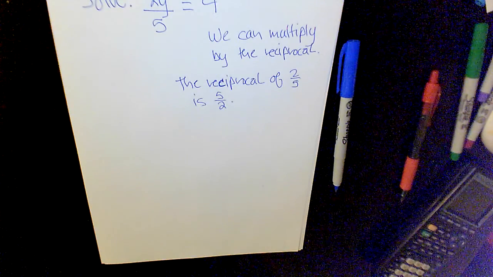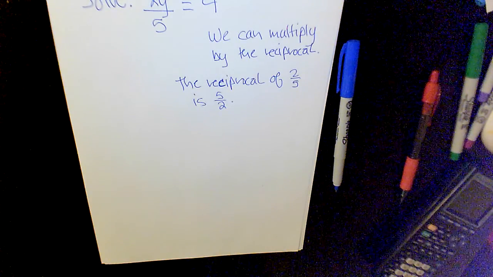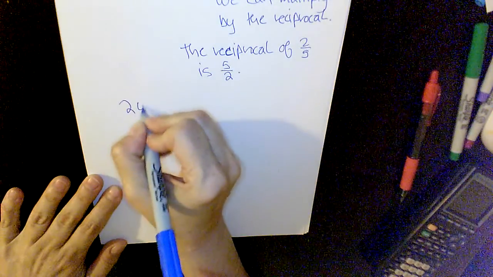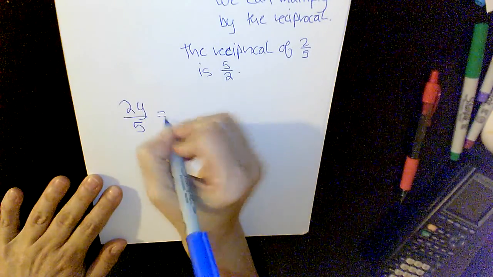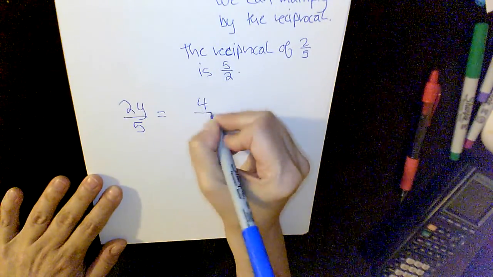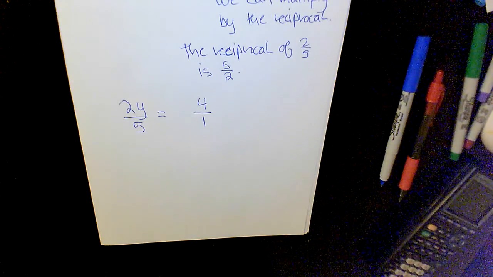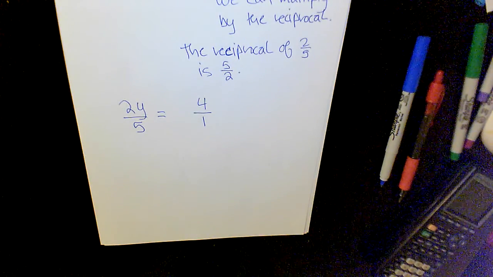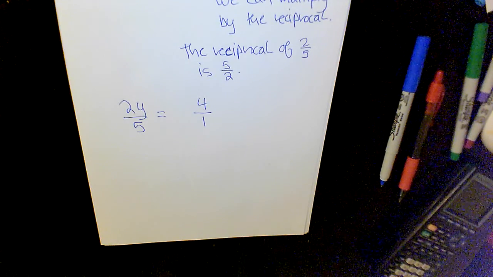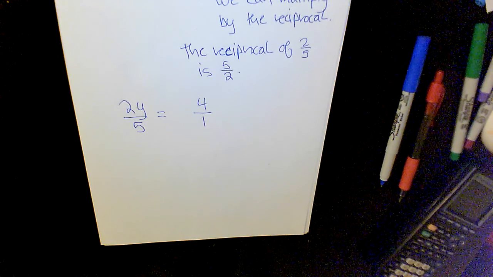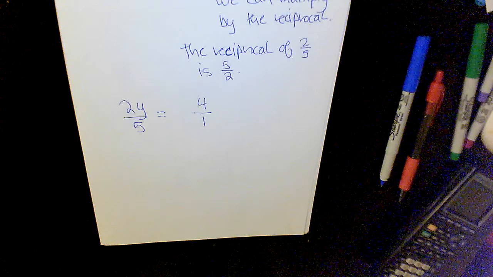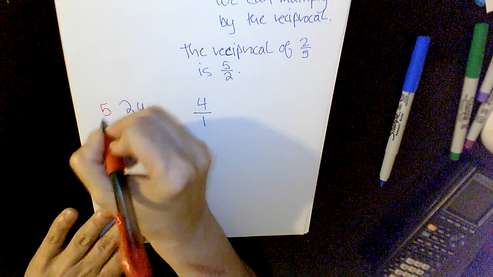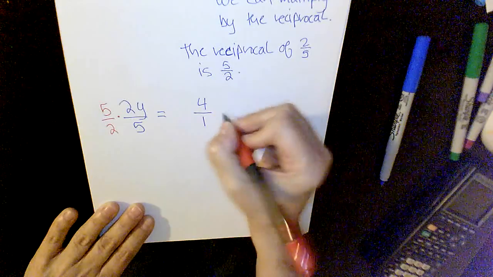So we're going to multiply both sides by the reciprocal. So let me rewrite this. And I can put a 1 underneath my 4. 4/1 does equal 4. Because we're working with fractions, it might be easier for you to put a 1 underneath a 4. So we're going to go ahead and multiply both sides by the reciprocal, which is 5/2.